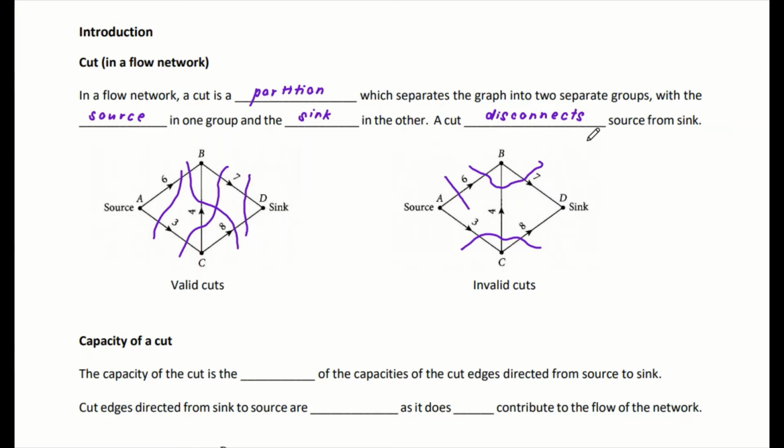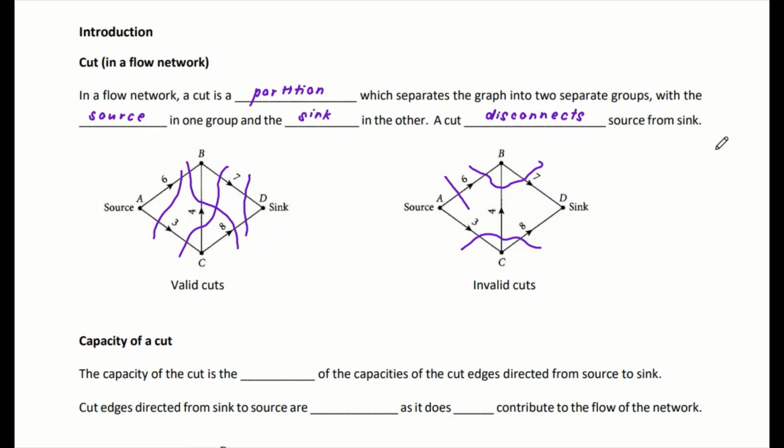First, you must be able to separate the graph into two separate regions, with the source in one region and the sink in the other, so your source and sink cannot fall under the same region. Second, when you are drawing your cut, you must make sure that none of the flow can go from the source to the sink. So the cut will disconnect all the flow from the source to the sink. That's the part on the definition of a cut.